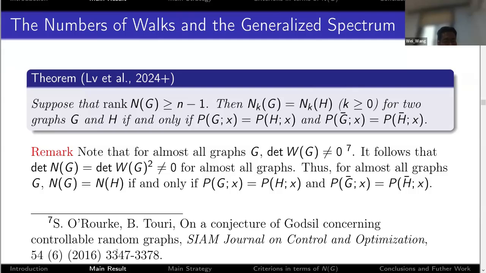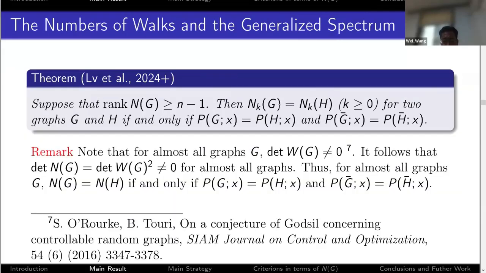So these two authors proved this conjecture. So from this theorem, we know immediately that for almost all graphs, they have the same walk numbers if and only if they are generalized cospectral.